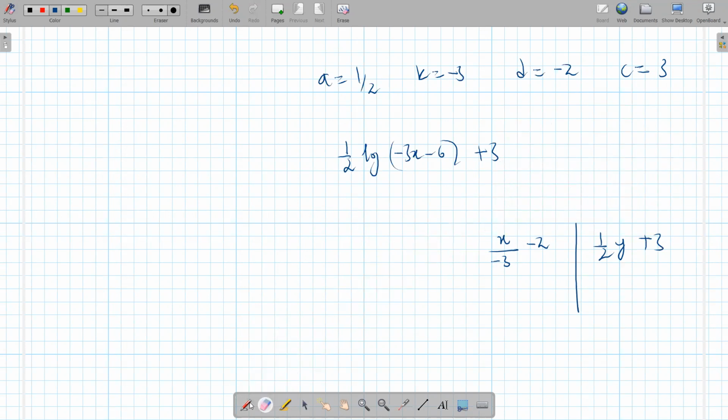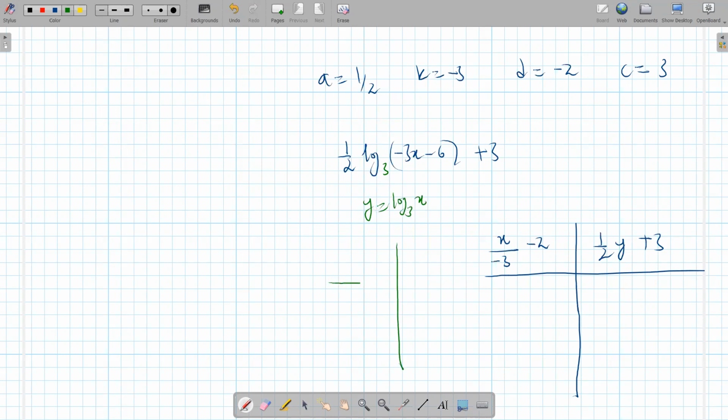Alrighty, so that's our table for the other one. But when you're graphing logs with transformations, there are going to be 3 different tables. Now we want to come up with a table for this guy. We can make this even more difficult by putting a 3 here. So log base 3. Now we need a table for y equals log base 3 of x.